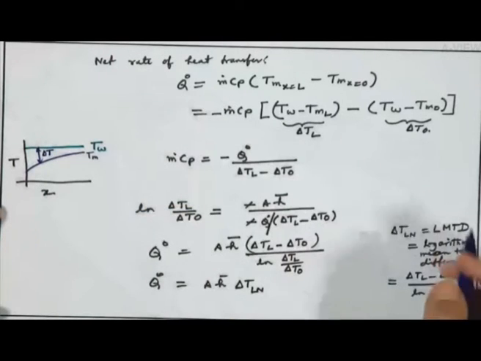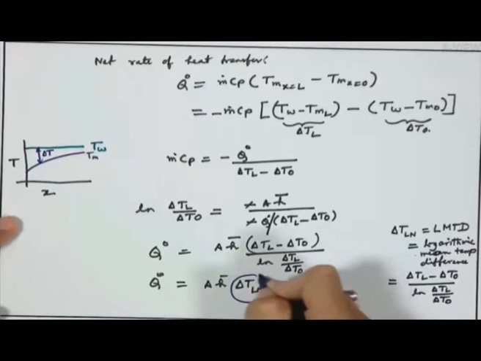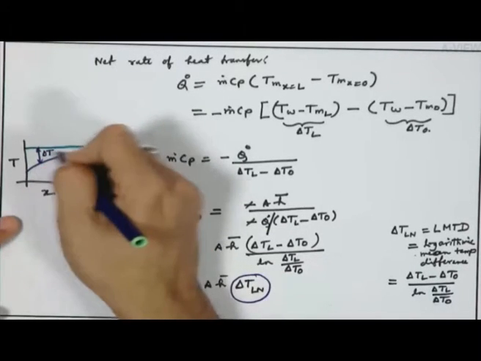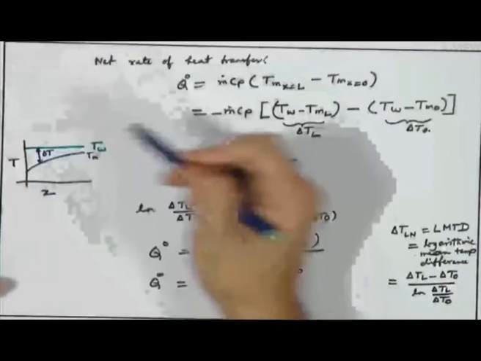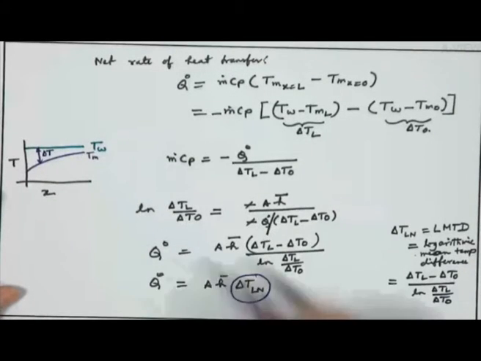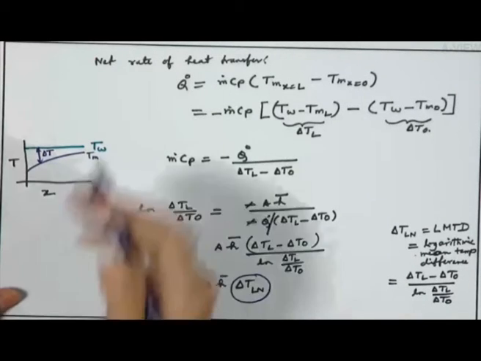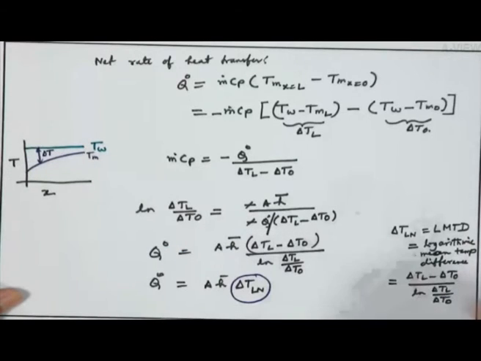So, what is an effective delta T? This is the effective temperature difference between the fluid and the wall, or between two fluids in general, if the wall is also considered to be another system. So, it is the effective temperature difference between two systems where the temperature difference is continuously varying. One of the temperatures may not be varying, but the temperature difference is continuously varying.